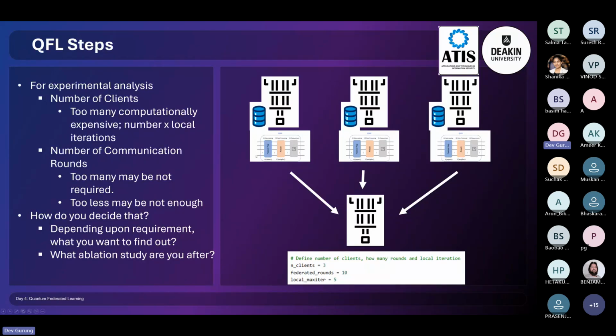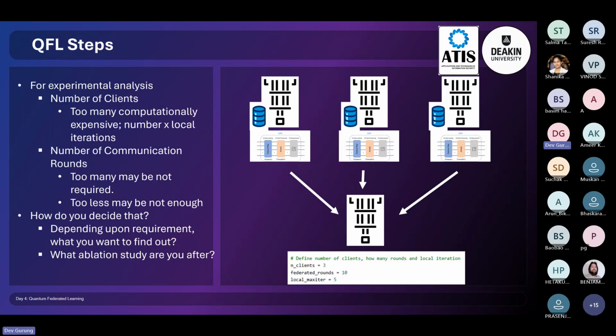Let's say it sends that to the server. The server receives from all the devices, does something, averages, and sends back to the devices. And then the device starts again. So that's one communication round, right? How many times do you want to do that? It's also up to you. You can have 100 communication rounds, you can have 1,000 communication rounds. Okay, so it's up to you.